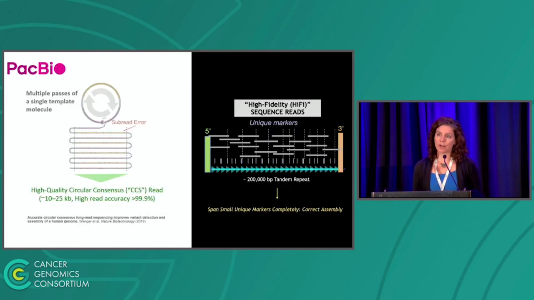This is also a story not only of basing it on this effectively haploid cell, but also of moving into a new era of long reads, which I know we've been celebrating in the hall next to us. One of the long-read platforms which was incredibly useful to our team, and I want to recognize, was the use of HiFi data from the PacBio platform. Here, what you're looking at is multiple passes through a single template, and then you take a consensus across these error-prone subreads, understanding that the errors are not biased, and then all of a sudden you can get an incredibly high-quality circular consensus read, or HiFi data.